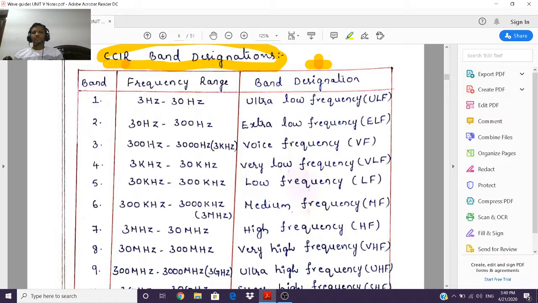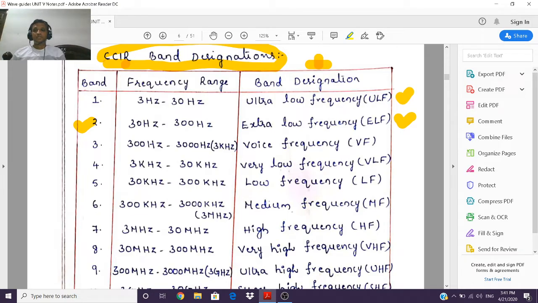Now we'll see the first band. Generally the frequency range is given in multiples of 3, starting from 3 hertz to 30 hertz, which we call ultra low frequencies, ULF. Second is 30 hertz to 300 hertz, which we call extra low frequency.